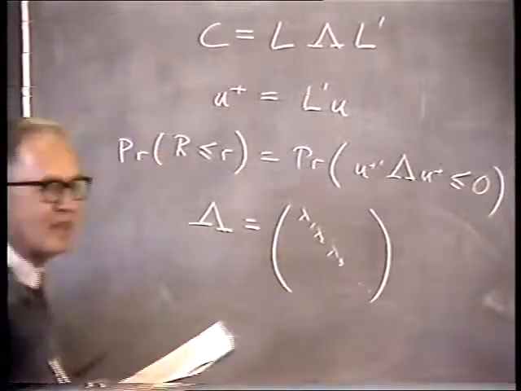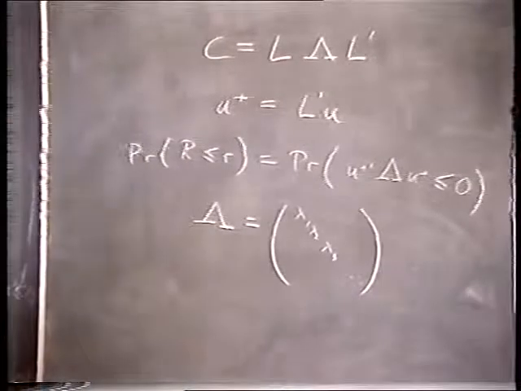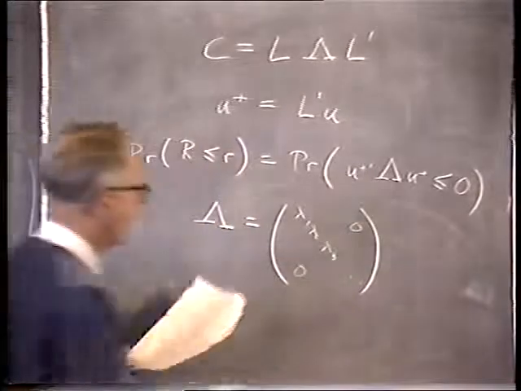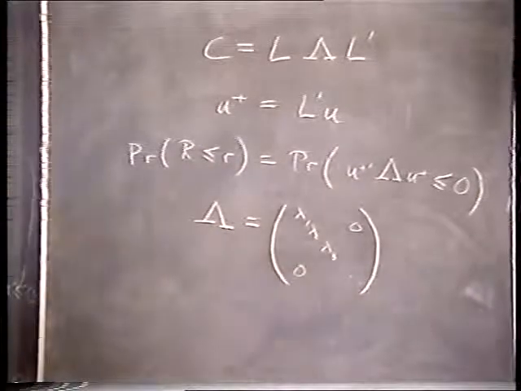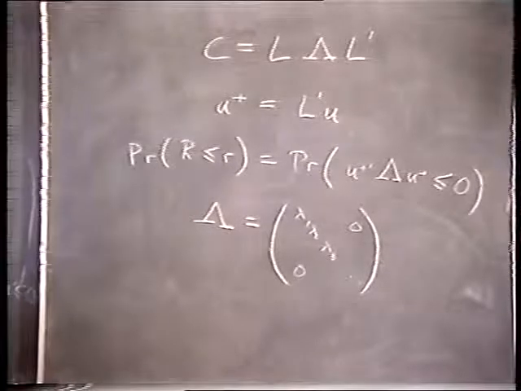Previously it was t minus n, now I haven't bothered to say what it is. Simply I haven't defined the dimensions of the u vector.